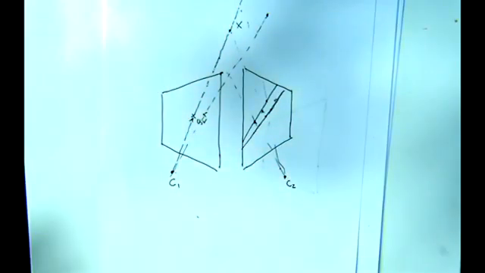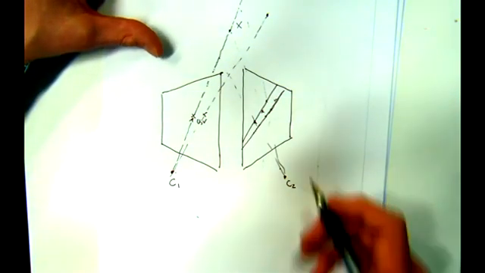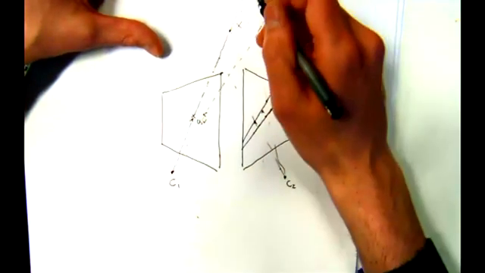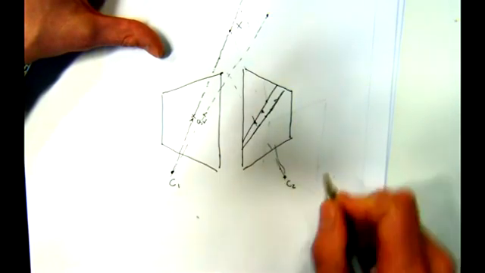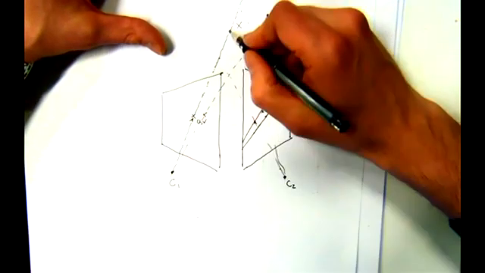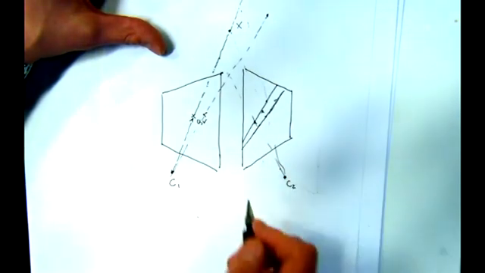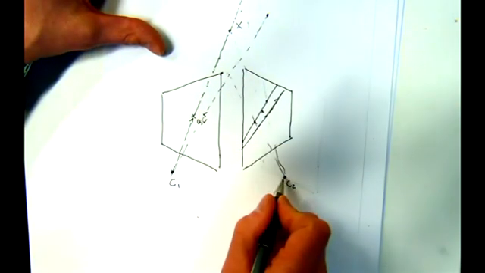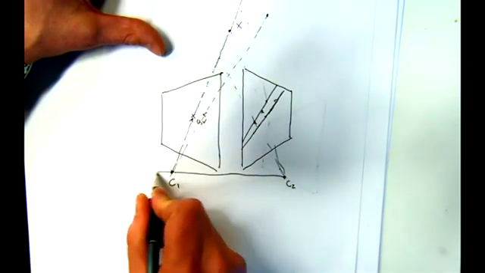So if you form a bunch of triangles from the 3D point to each of the camera centers, all of these 3D triangles are going to have this baseline in common.